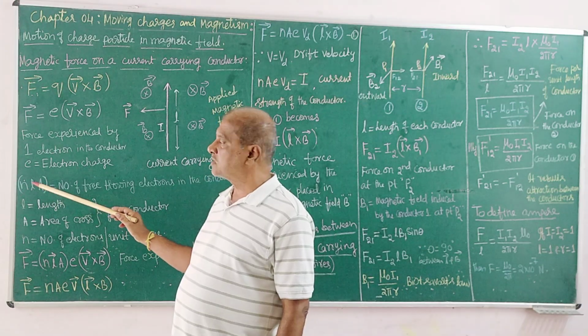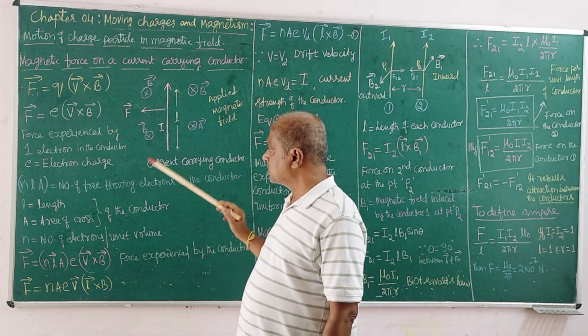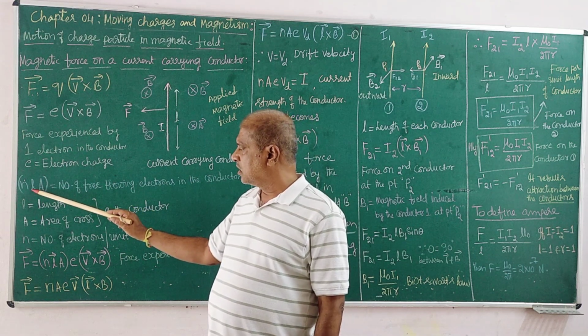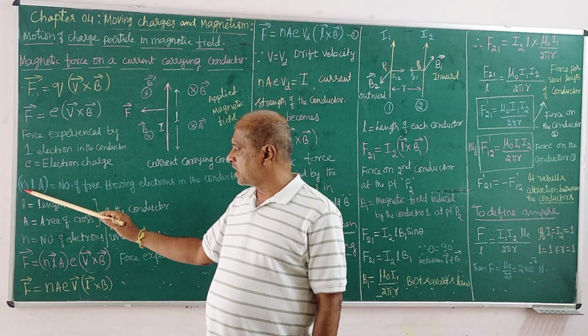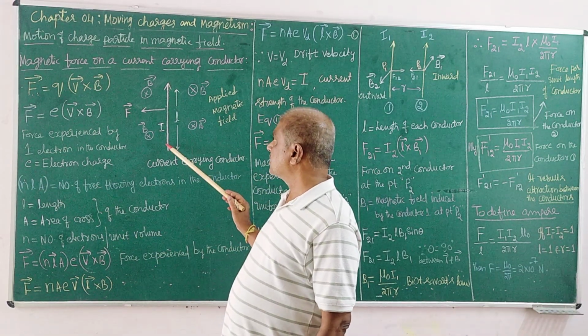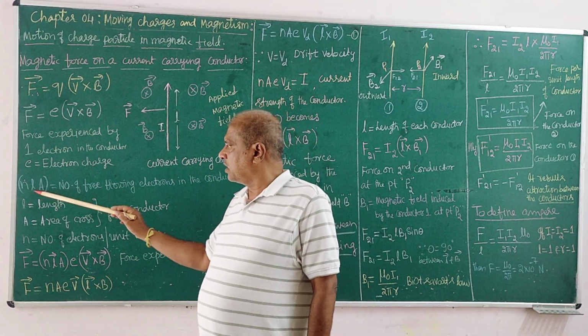How many electrons are present in the entire conductor? That is n into L into A. Total volume is L into A and electrons per unit volume is n. The total number of free electrons which carry current in the conductor is nLA.